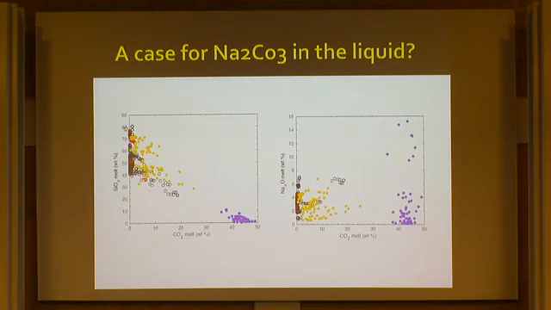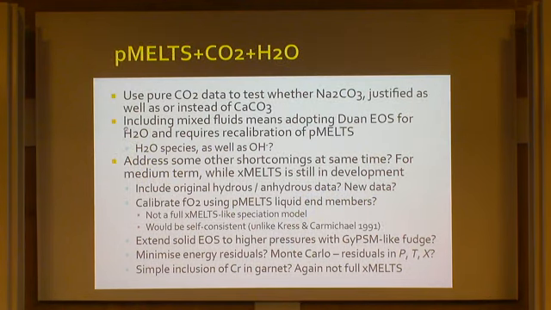Initially we'll just try the same three species that I showed before, but that might have to happen, either instead of or as well as the calcium carbonate species. It wasn't justified for the lower pressure.